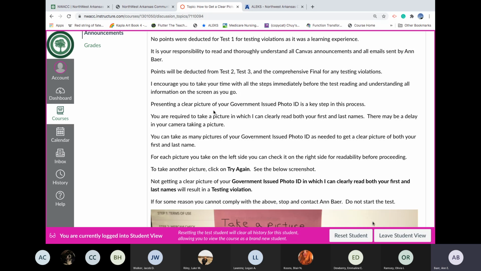Presenting a clear picture of your government-issued photo ID is a key step in this process. That's because every testing center in the country, or in the world really, any reputable one, requires you to present a government-issued photo ID. And because you're using your cameras on your computers to take a picture, they don't know the difference between a government-issued photo ID and another picture of yourself.